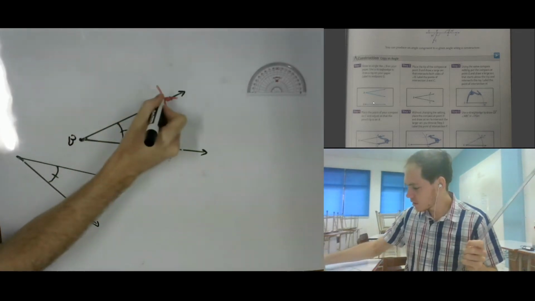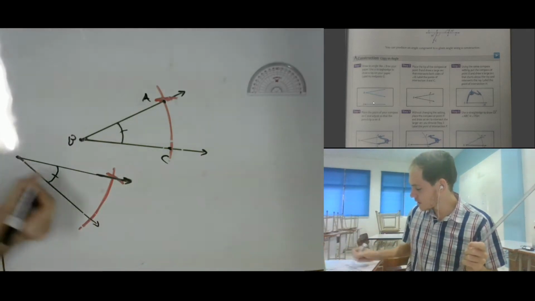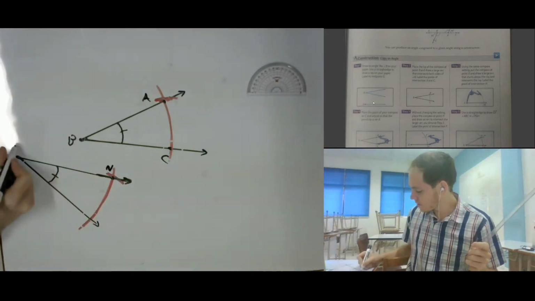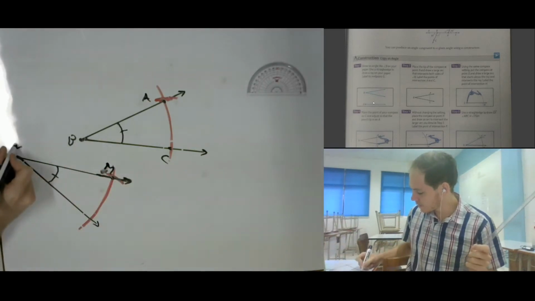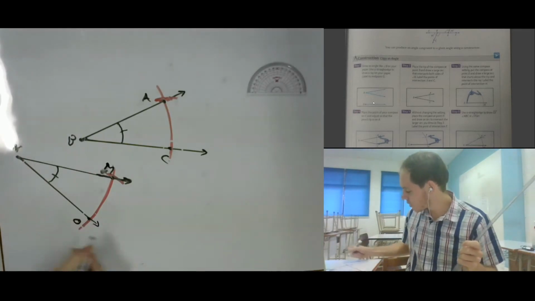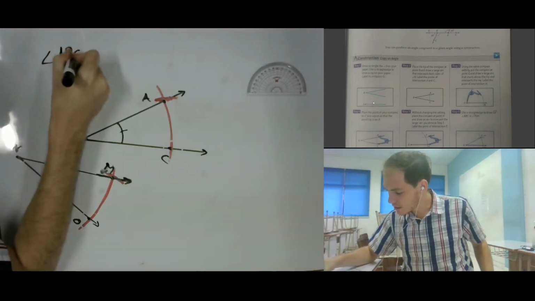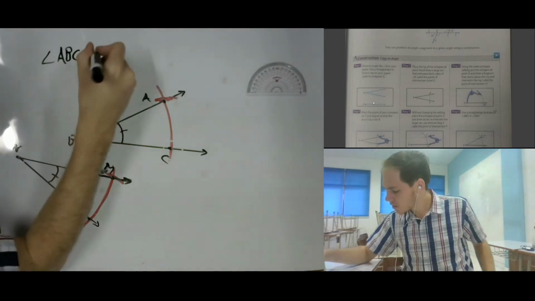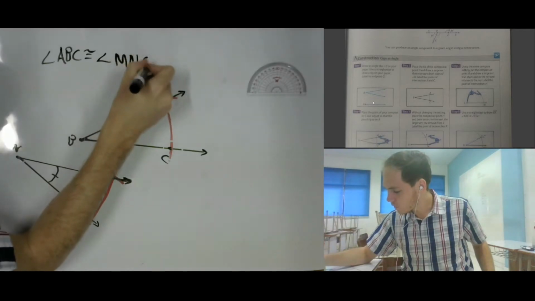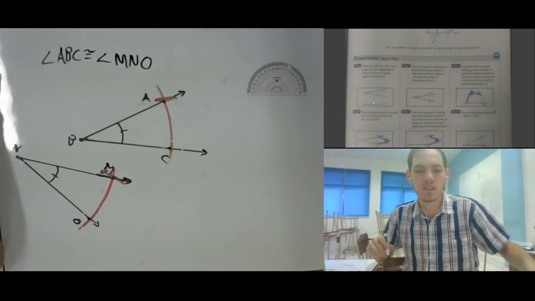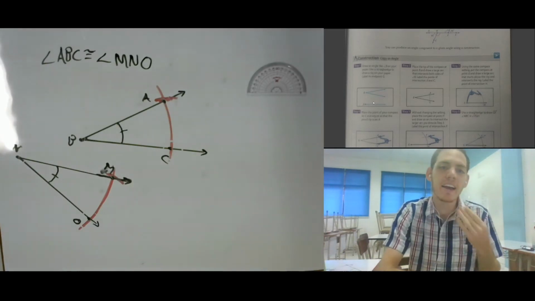So if this was A, B, and C, and this is M, N, and O, then angle ABC is congruent to angle MNO. Okay, that's how we construct congruent angles.